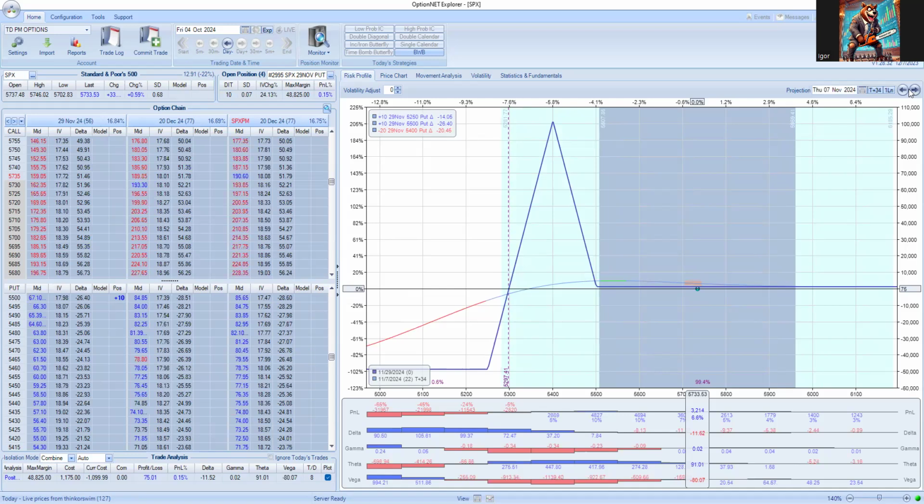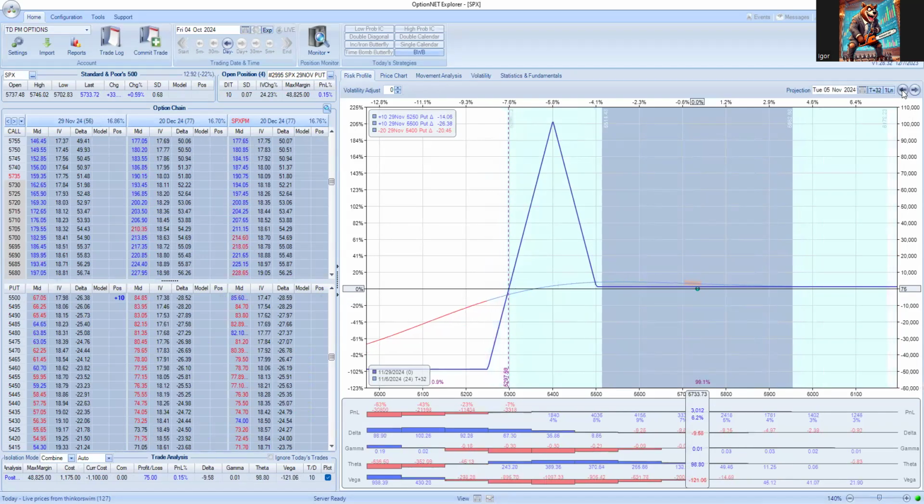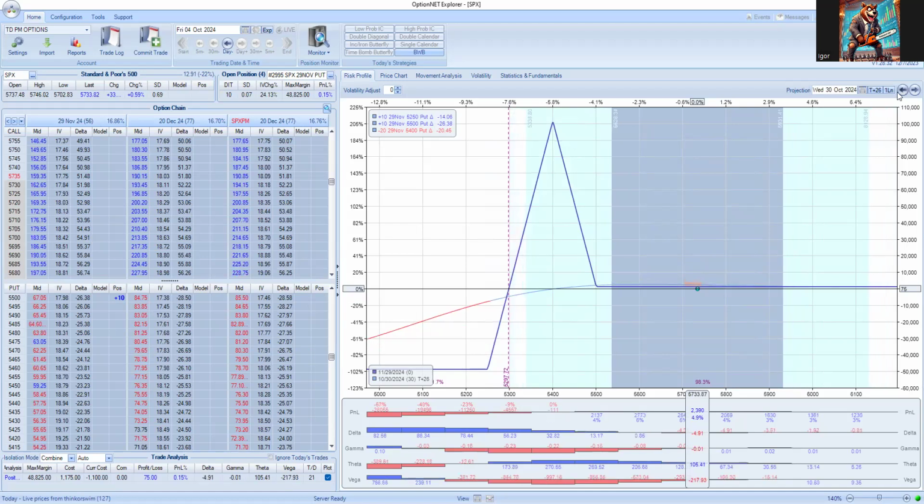As I continue to click through and get closer to expiration, you can see this T plus zero line is becoming a lot steeper; we're going to see a lot more P&L variation for every 1 point that the S&P moves, right? So I don't want to hold this trade and test my luck to see what if we end up somewhere here, or what if we go back up.